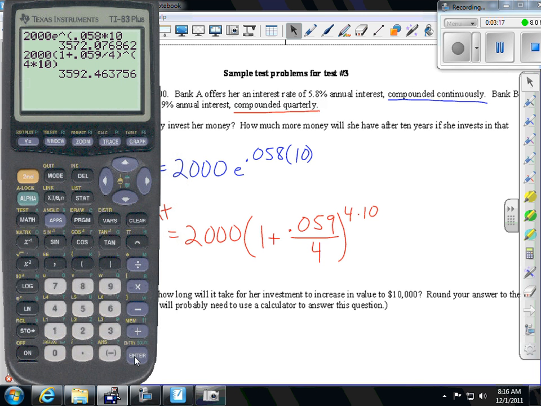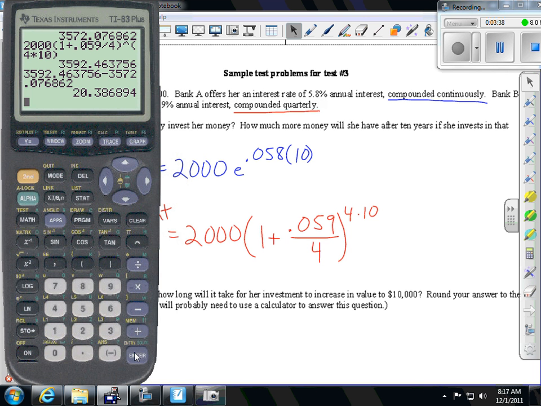And then finally, to figure out how much money we gained there, we just have to subtract those two numbers. So if we do 3,592.4637 and then subtract the top number, you see that we made a little over $20 by investing in the second bank.